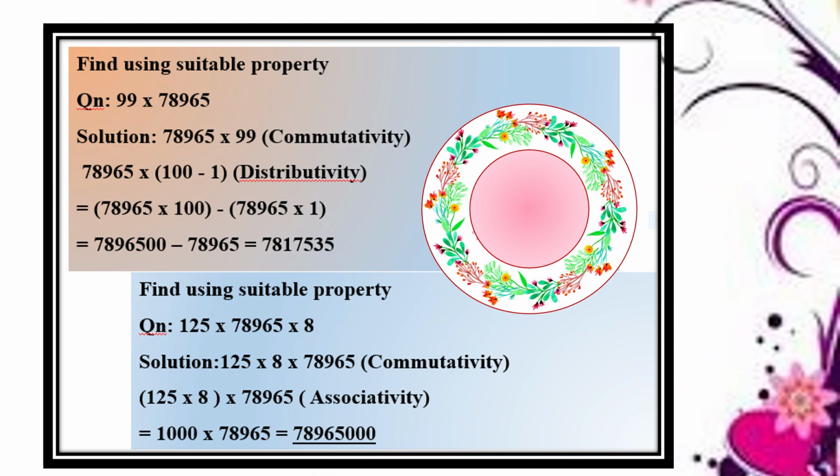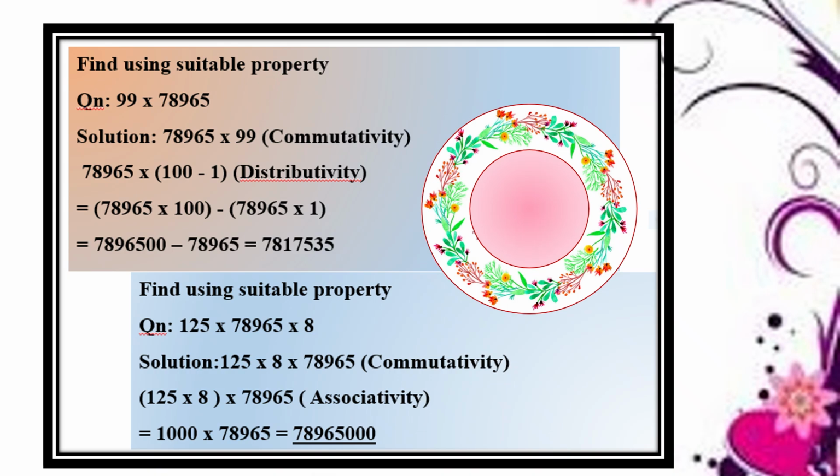The most comfortable and faster approach to this sum would be to multiply by 100 minus 1, that is, splitting 99 as 100 minus 1.